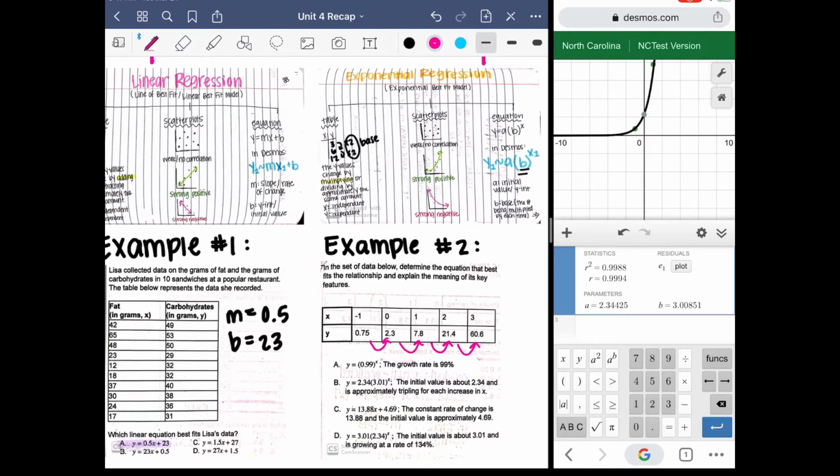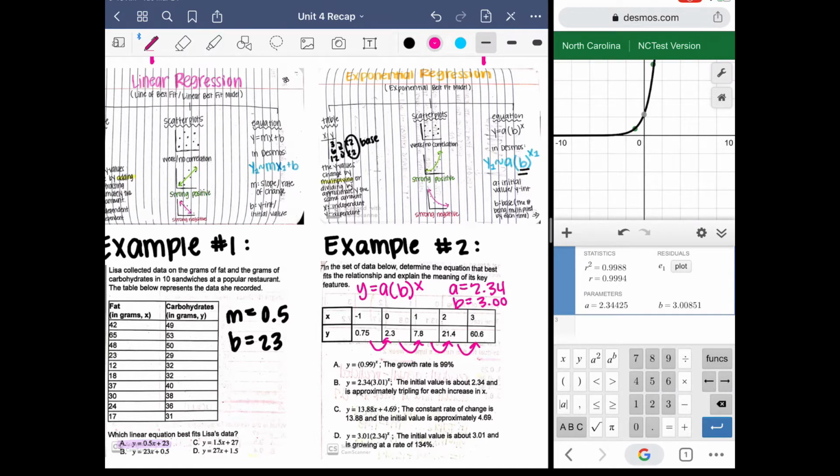So to write this equation, we're going to take our y equals a times b to the power x, and we're just going to take a and b and plug them in. So a is about 2.34, b is about 3.0.